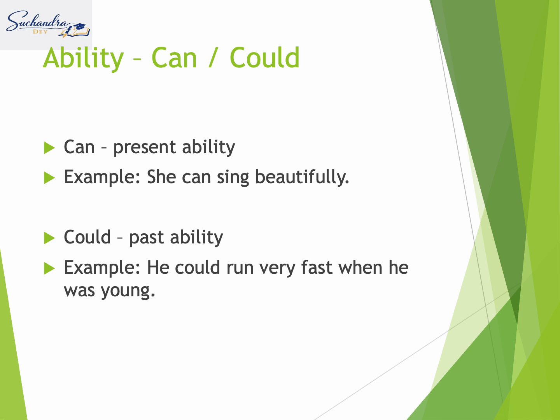Could shows past ability. Example, he could run fast when he was young. So remember, can represents present ability and could represents past ability. Now tell me in the comments, what could you do when you were a child?